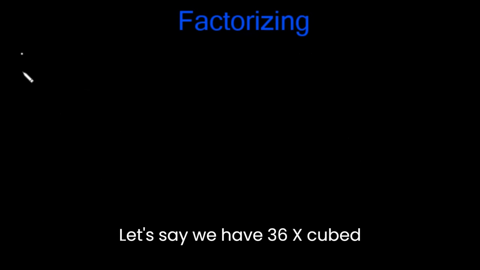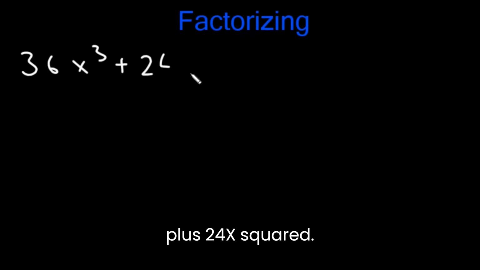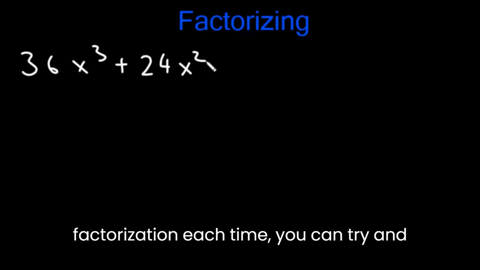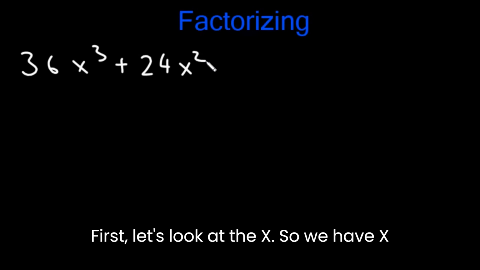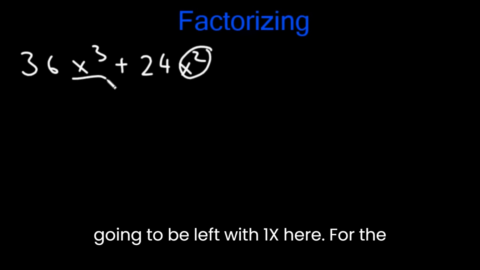Let's look at another practice problem. Let's say we have 36x cubed plus 24x squared. Now, instead of having to do the prime factorization each time, you can try and notice common factors. First, let's look at the x. We have x squared in both of them, and we're going to be left with 1x here.